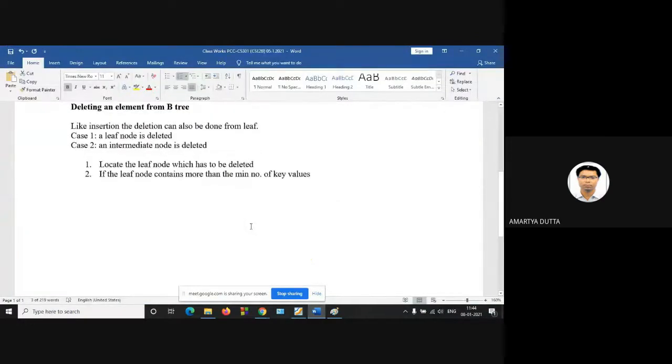Now, if the leaf node contains more than the minimum number of key values, what is the minimum number of key values?